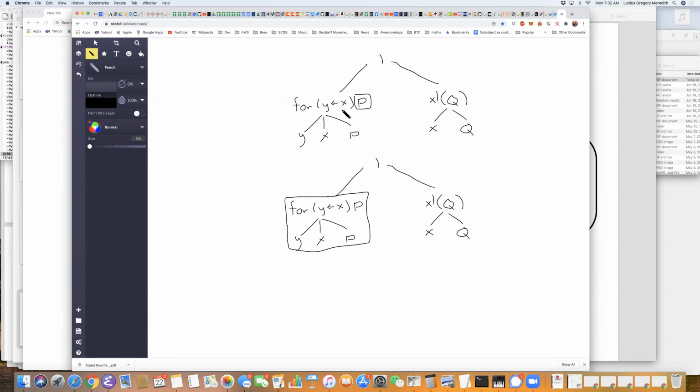And this also works for the in rule, right? So if we have par at the top, we have in m p, and over here we have m q.